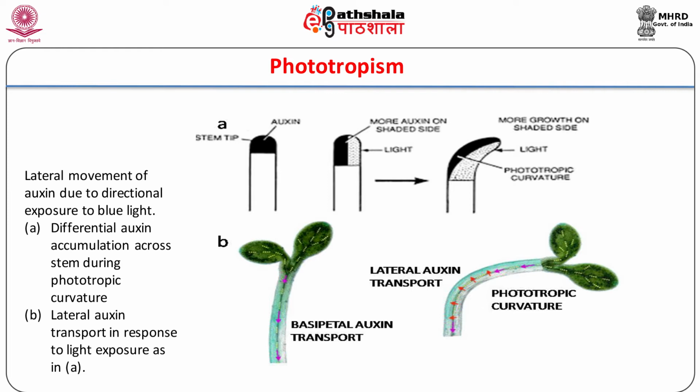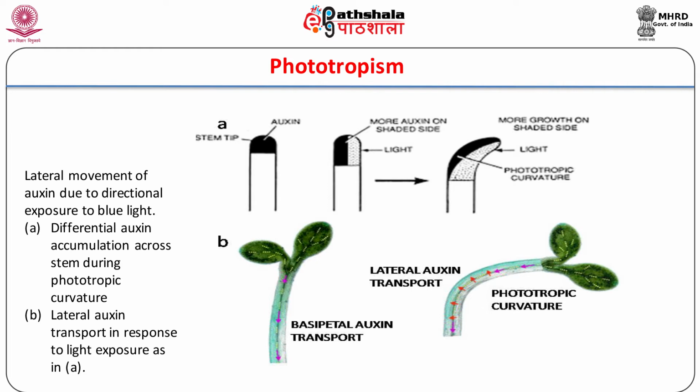This differential elongation was shown to arise due to differential accumulation of the plant hormone auxin on the two sides of the stem. Wendt and Thimann, 1937. This differential auxin accumulation is due to lateral movement of auxin from the illuminated side to the shaded side.